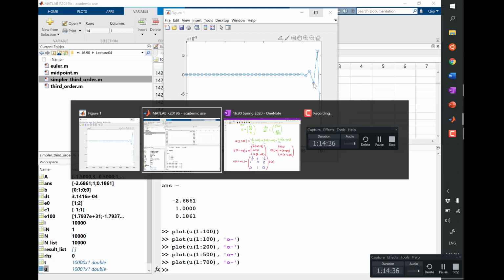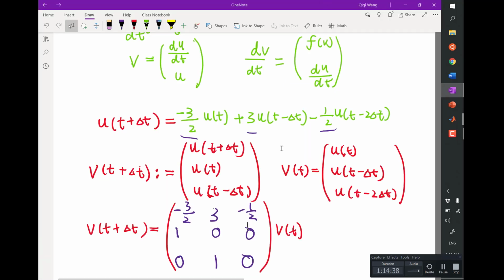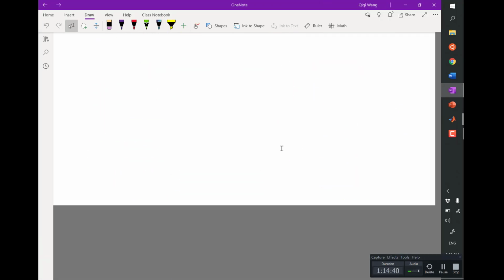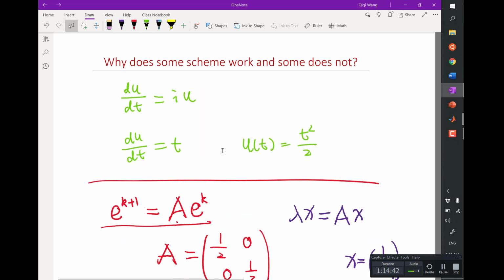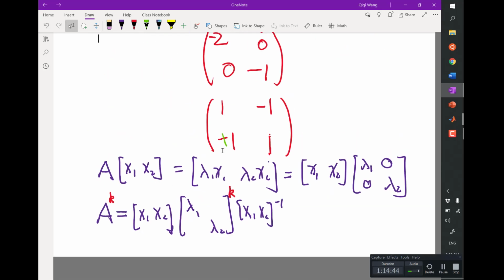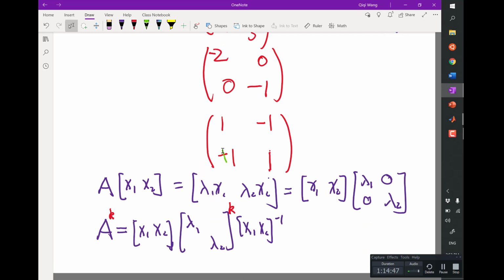So why is that the case? When you look at our previous analysis, here we have a 3 by 3 matrix instead of a 2 by 2 matrix, and you can see how the matrix grows.